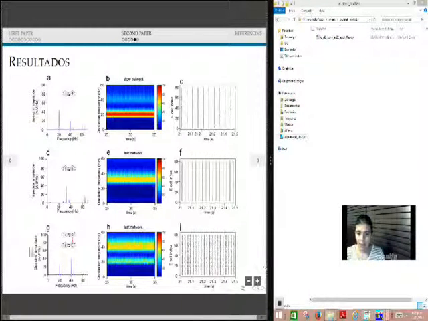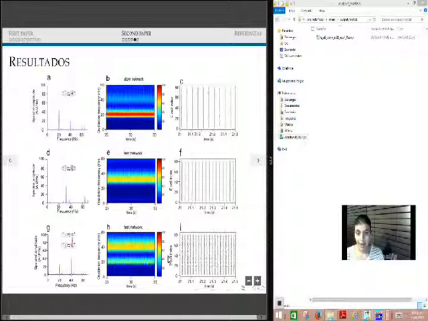And finally, this is the most important result. We have the result of combining the two different networks, the slow network with the fast network. What do we obtain? We obtain a higher frequency with respect to this one and this one.